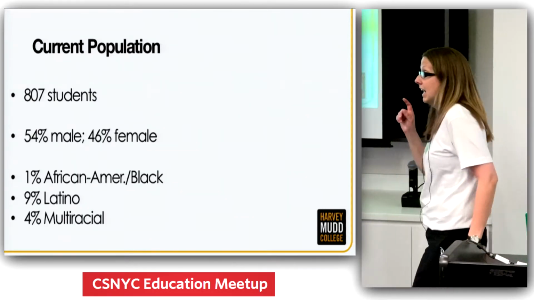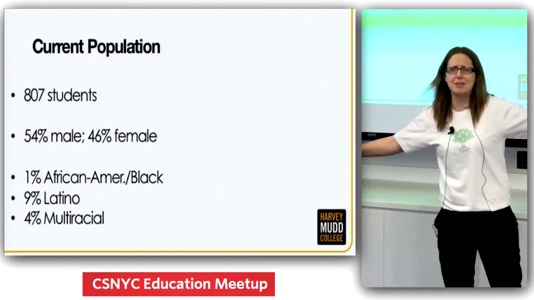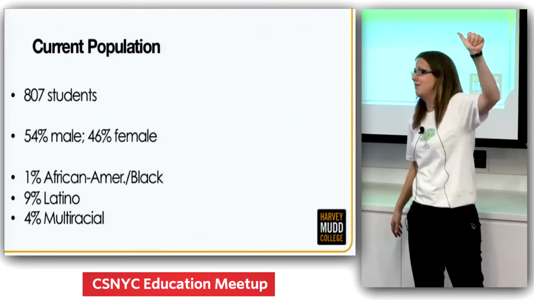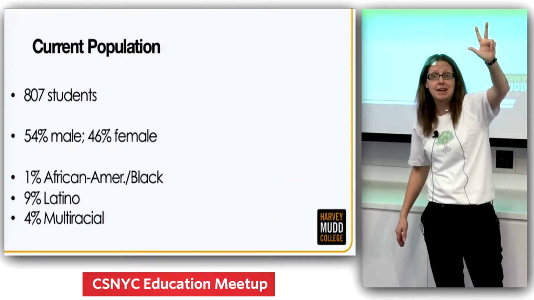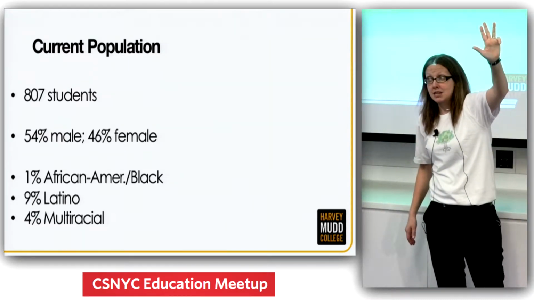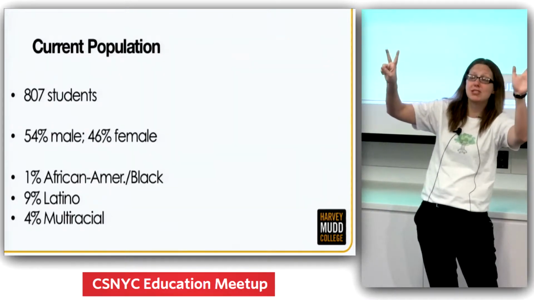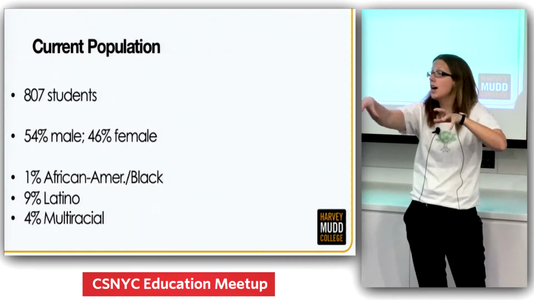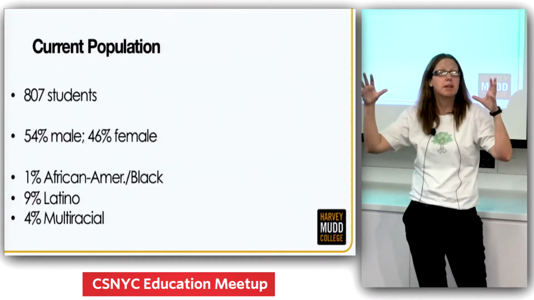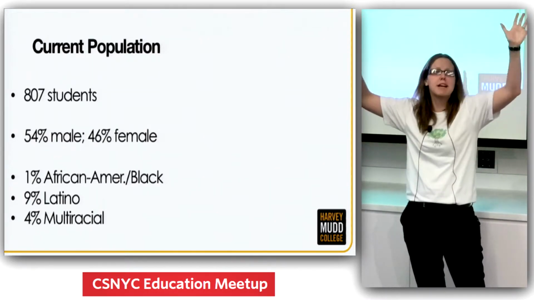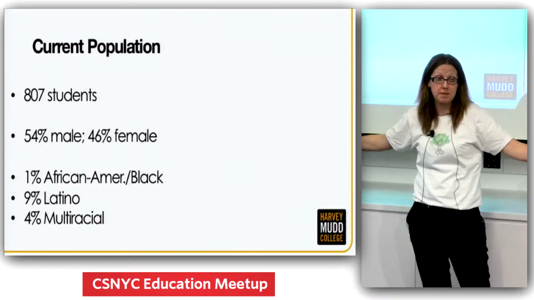Okay, here's why, let's talk about this. At Harvey Mudd, students major in physics, chemistry, math, biology, computer science, engineering, and a few percent a year major at one of the other colleges in our consortium in a different major. But you're basically going to major in STEM if you come to Harvey Mudd.